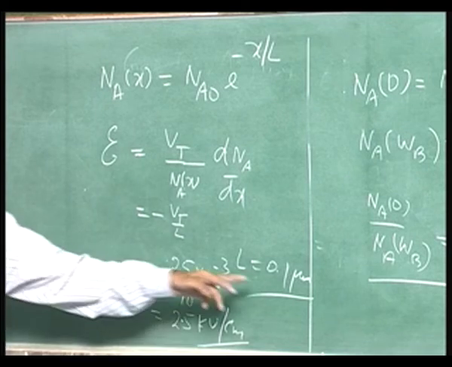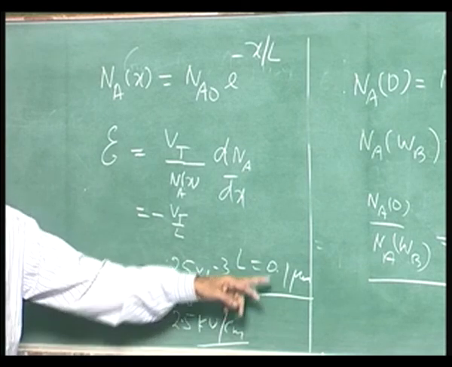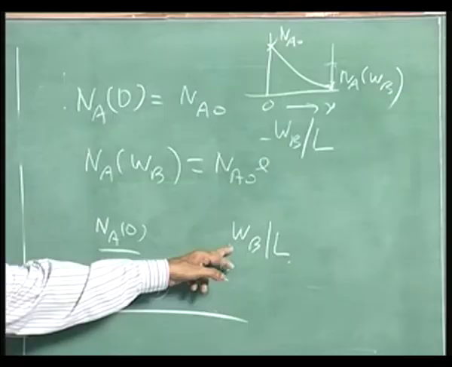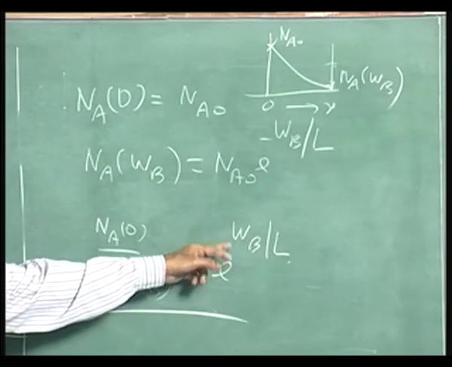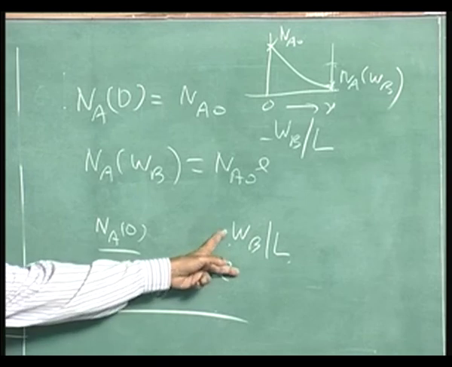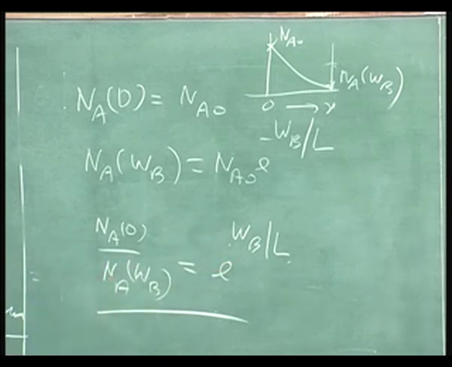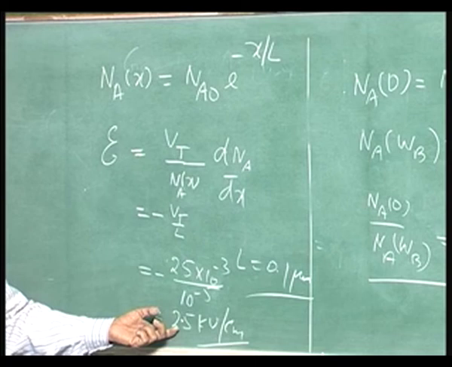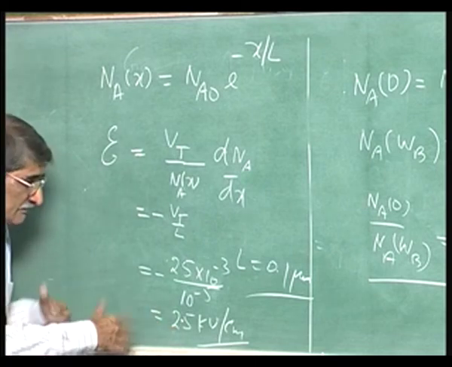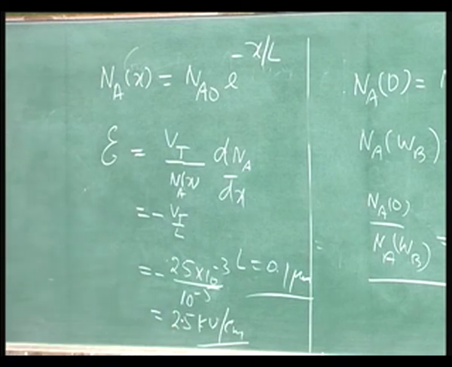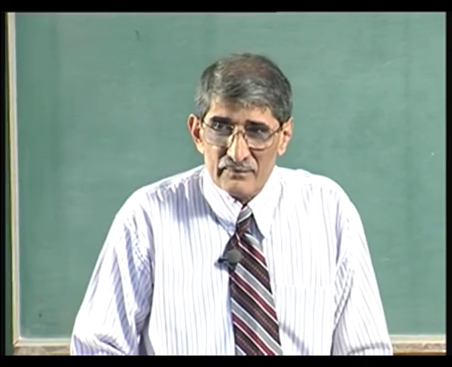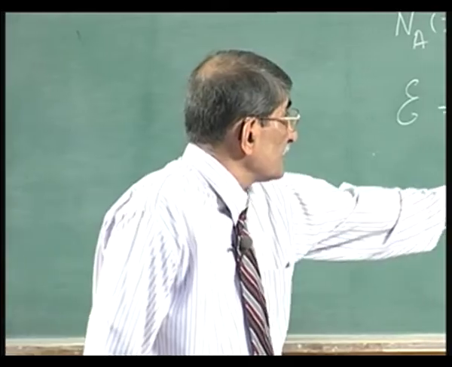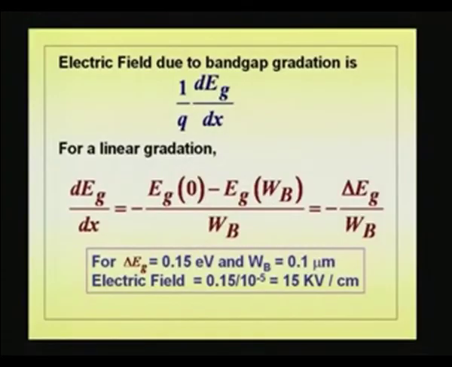I took a wrong example there of L equal to 0.1 taking Wb as 0.4, but if you have to compare, Wb equal to 0.1 micron, and if this is 4, L will be 0.1 by 4, and the field will be 10 kV per centimeter. So, it just depends upon the base width and the doping gradation there. In other words, it depends upon the W by L ratio, and L depends upon doping concentrations.